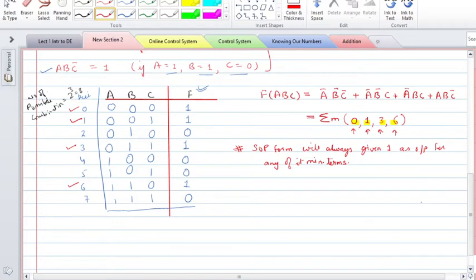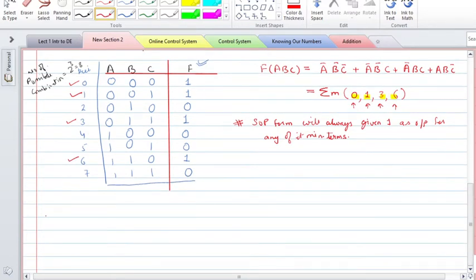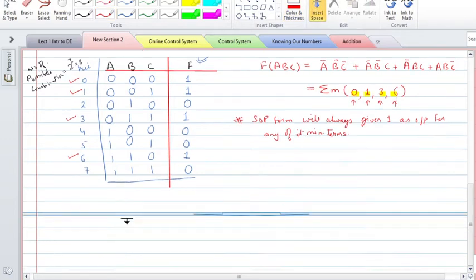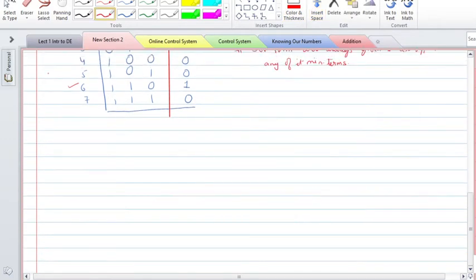Now let's take another example in which a standard SOP form is not given. Example 2 of case 1. Suppose the given function is F(A,B,C) equals AB plus BC.